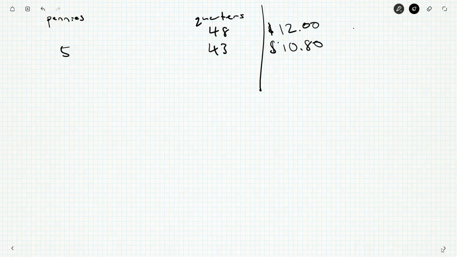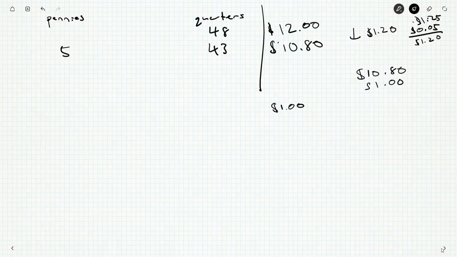Okay, so what's happened? We've gone down by $1.20. Why? Because 5 quarters is 1.25, and 5 pennies is 0.05, and that does leave us a difference of 1.20. So, can I keep going down and get $1? Well, what would I need to do? I would need to lose $9.80 all in 120.